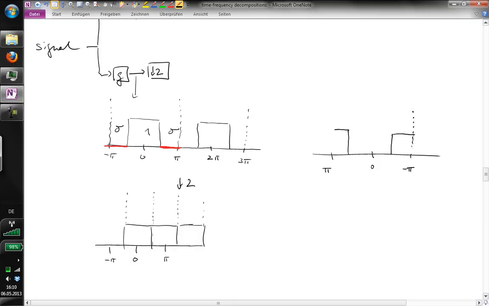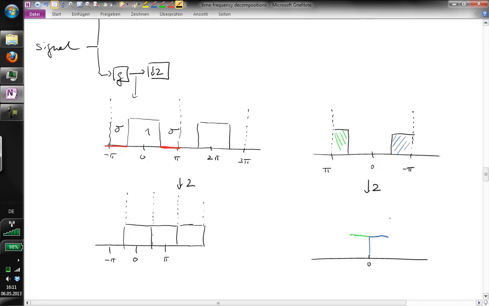So this was the perfect high pass filter. And if I now downsample by a factor of 2, the part that was previously here is now located there, and the part that was previously here is now located there.